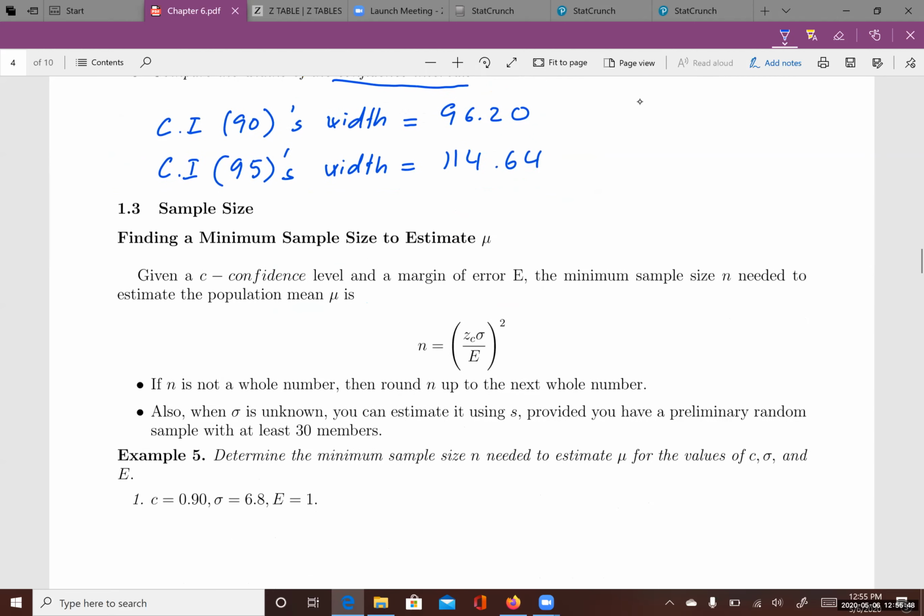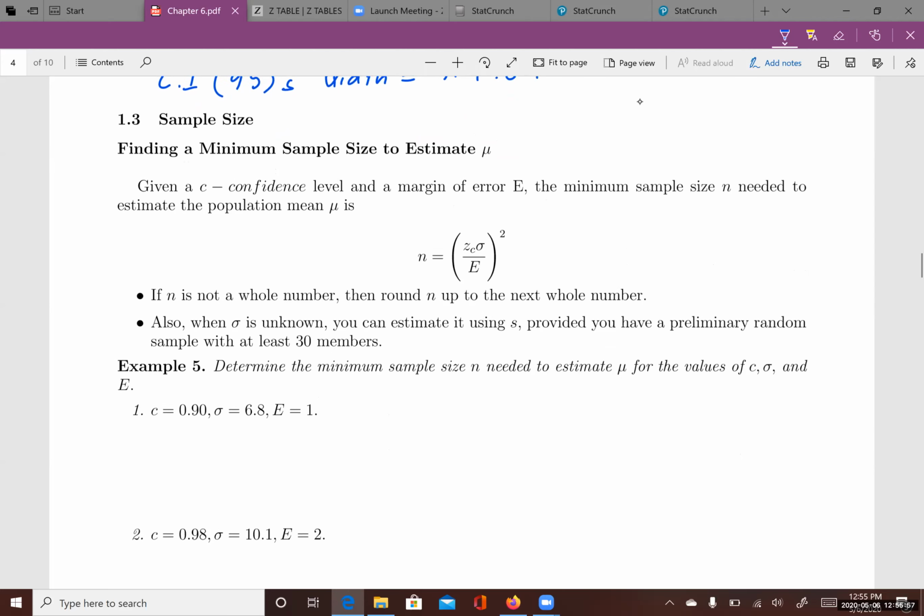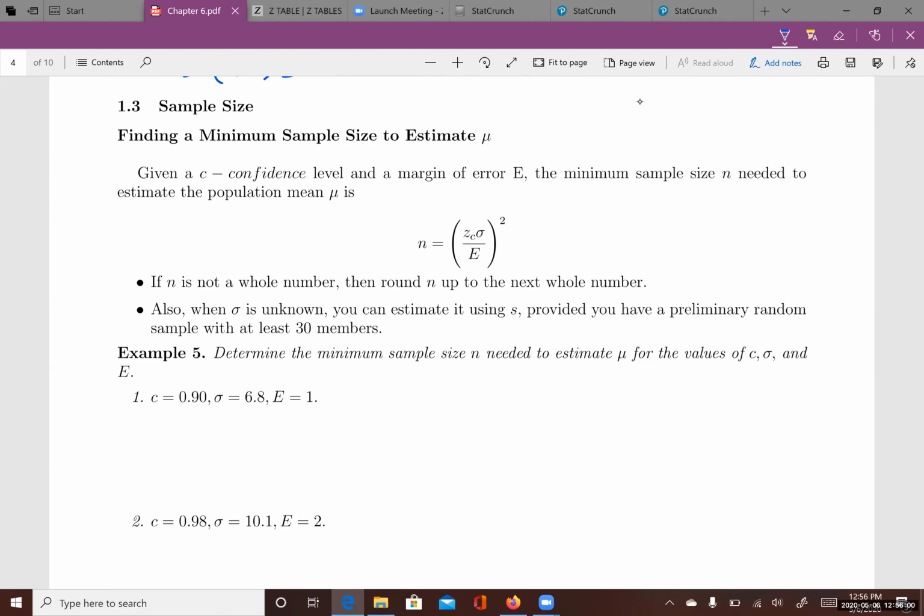All right, now we just learned how to construct a confidence interval for a different level of confidence. And what about when you have a given confidence level, and you have a margin of error in mind, which means when you're trying to estimate your population parameter, you come up with a given margin of error.